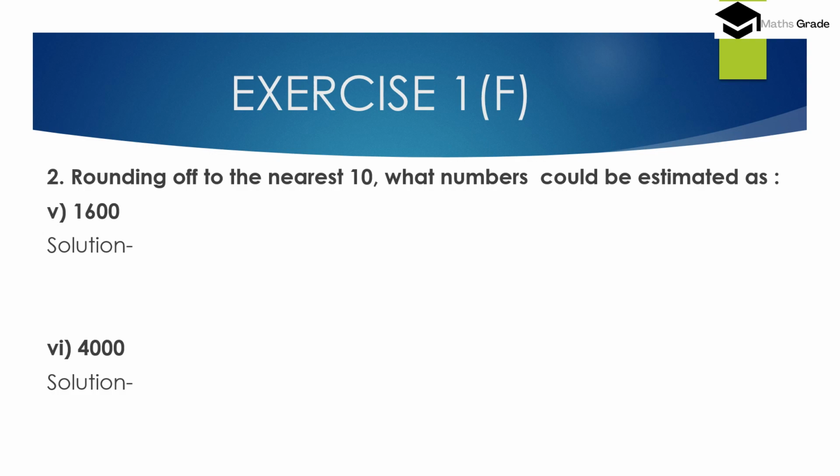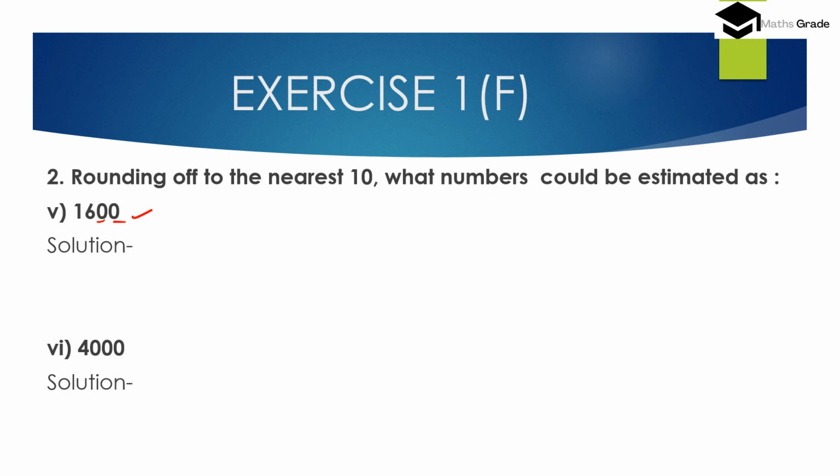Now question number 50. The number is 1600. We have to find the numbers which, rounded to the nearest 10, will be 1600. If the unit place digit is less than 5, here the tens place digit is 0 and the unit place digit is 1.